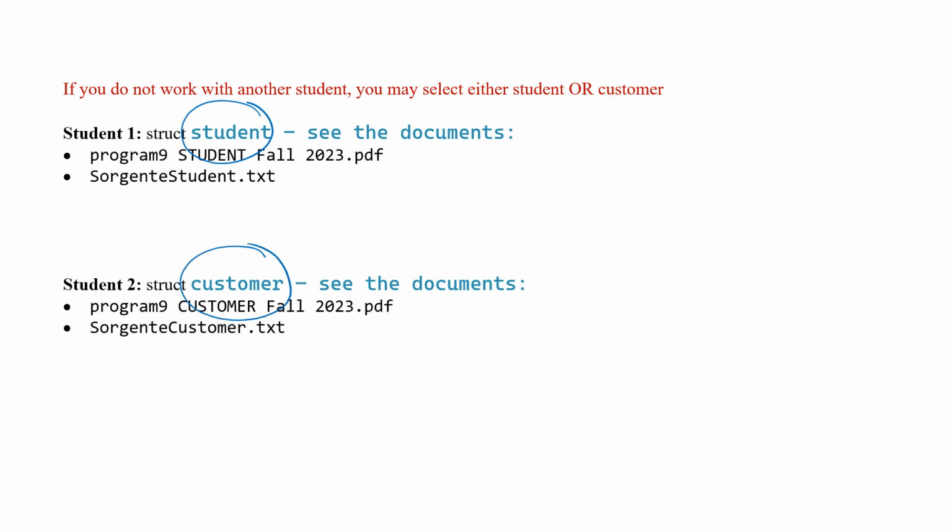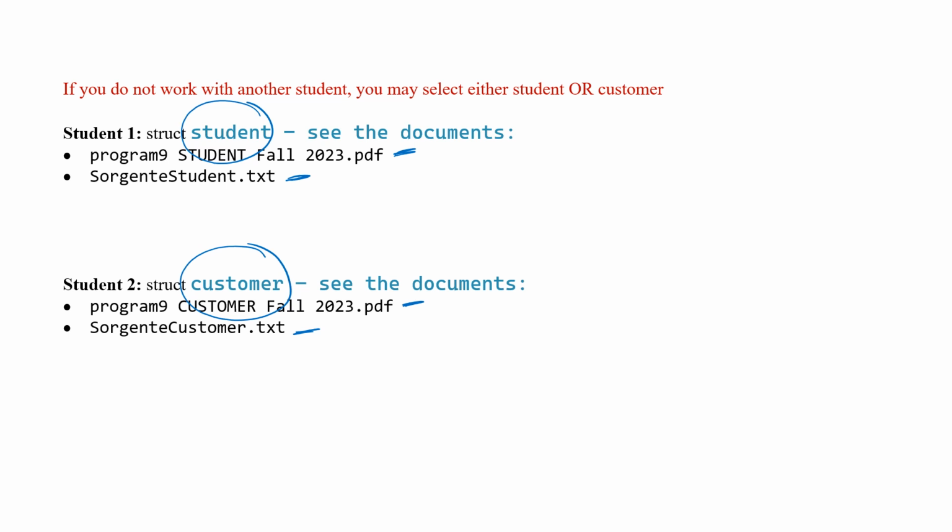There's a PDF with instructions for student and specifics, and then there's code, not the code with the struct, but the code that implements program 5 for student. If you want to do customer, there's instructions for customer in a PDF, and then there's working code for customer based on a combination of program 4 and program 6. I removed the input-output parameters, so you don't have to deal with any input-output parameters for this assignment.